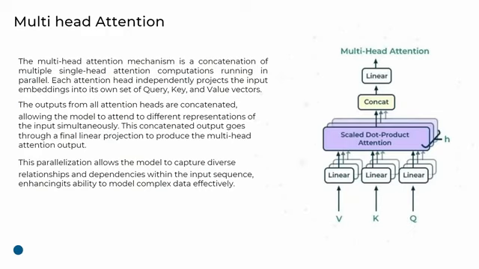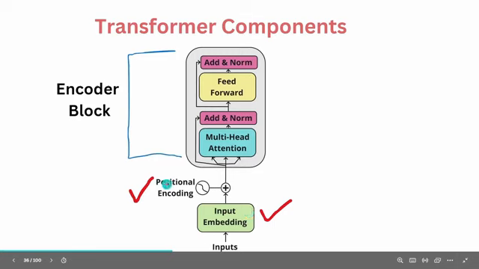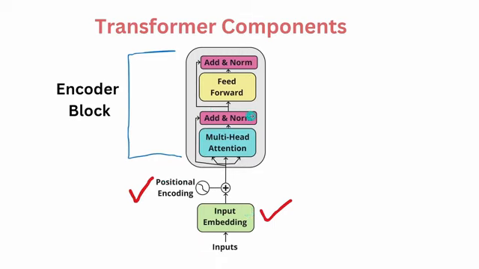Because it captures diverse relationships and enhances the model. Multiple heads allow the model to capture different meanings of the words in different contexts, making the overall model more expressive and powerful. So we have covered the input embedding, positional encoding, and multi-head attention. Next we are going to do the normalization, and after that we will use the feed forward network.